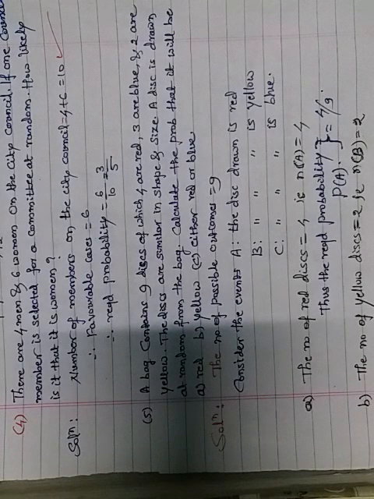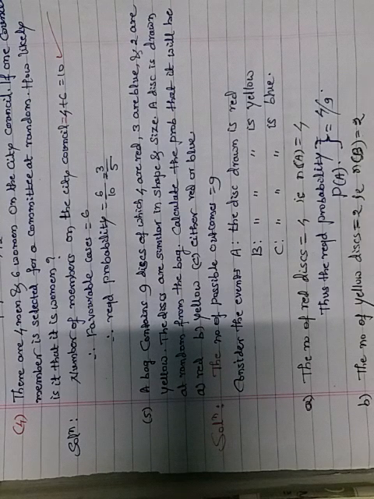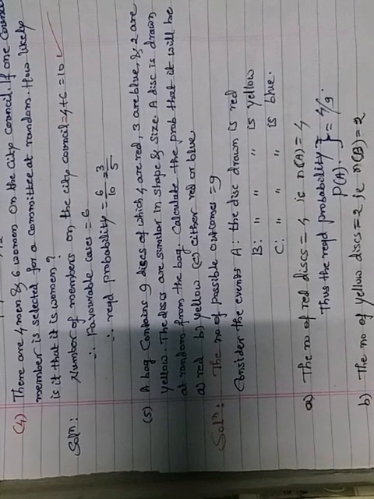Next, the second question is the number of yellow discs. How many yellow discs are there? There are two yellow discs, denoted by n of B equals 2.